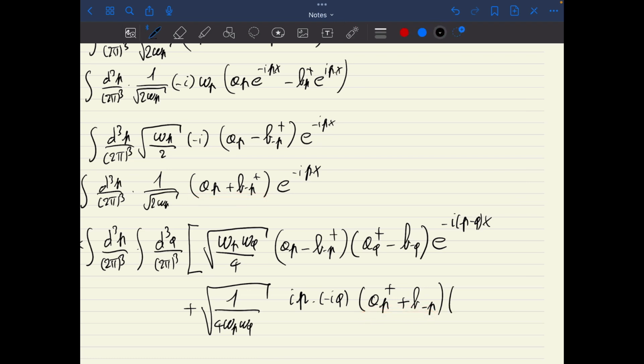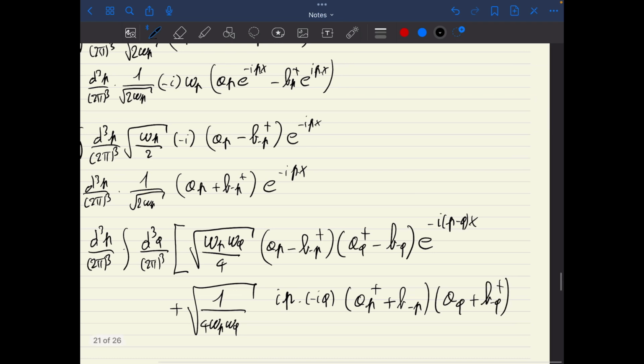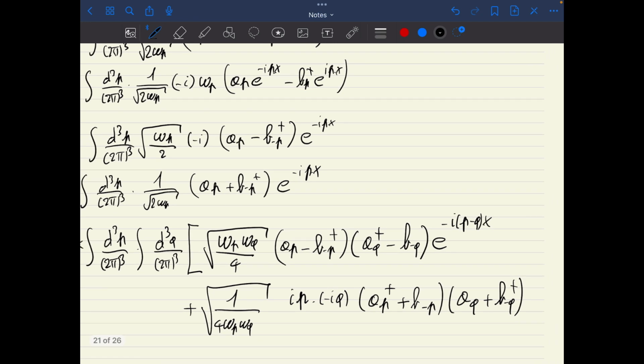Okay, and the second term is, well, this one without the dagger and with the q momentum. And for the exponential factor, it has an opposite sign compared to the previous one, minus q x.